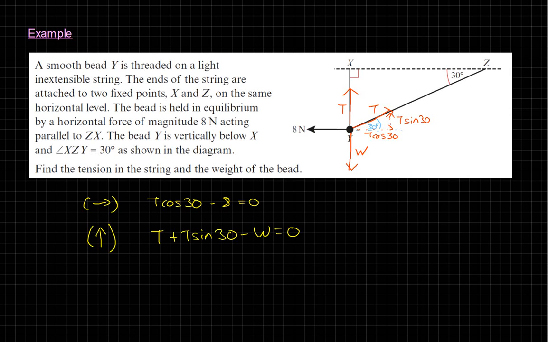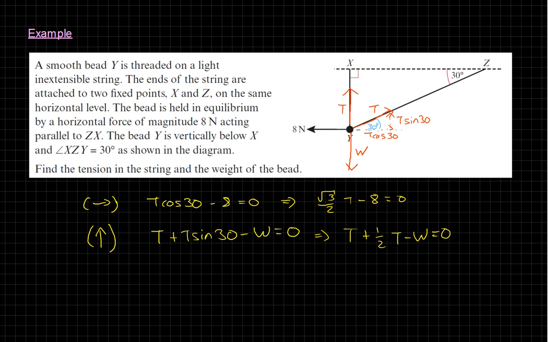Now what we've essentially got here is two equations with two unknowns, so it's just simultaneous equations to solve. Cos 30, sin 30, hopefully we know those off by heart. Cos 30 is root 3 over 2. And for our second line, sin 30 is just a half.